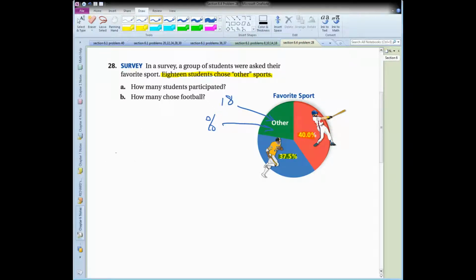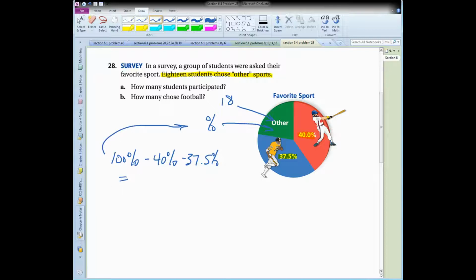So I know a pie chart represents 100%. I just need to subtract 40% and subtract 37.5%. That'll give me the value that goes in there.